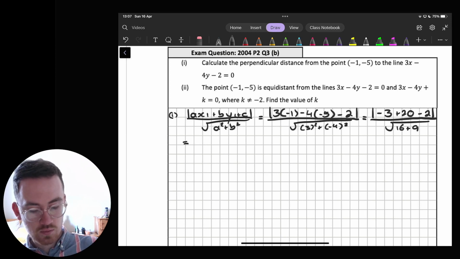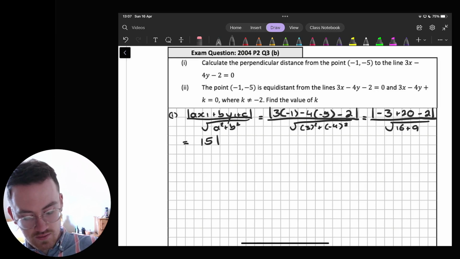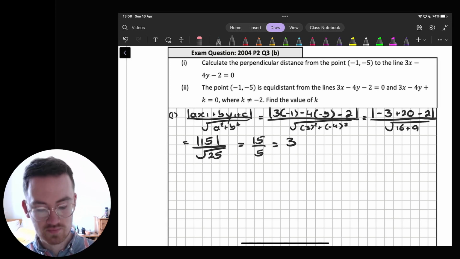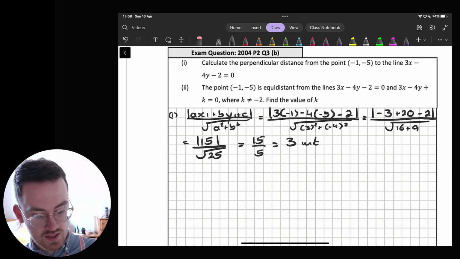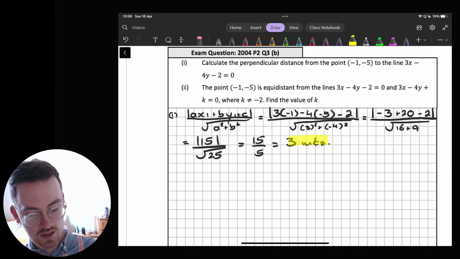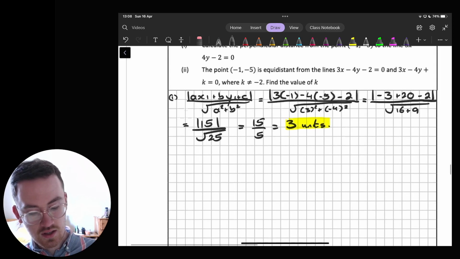So they like going with that one. So the absolute value of 15 over the square root of 25, which gives me 15 over 5, which is, of course, 3. So 3 units, to be completely accurate. So a distance of 3 units.